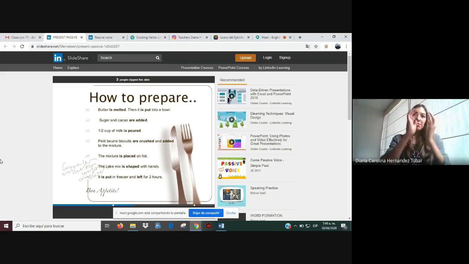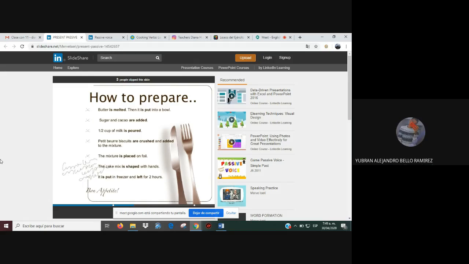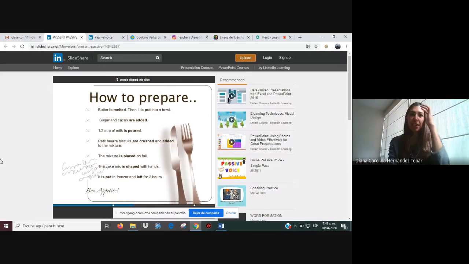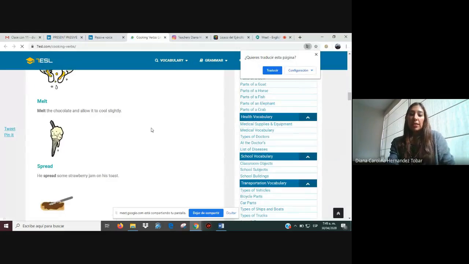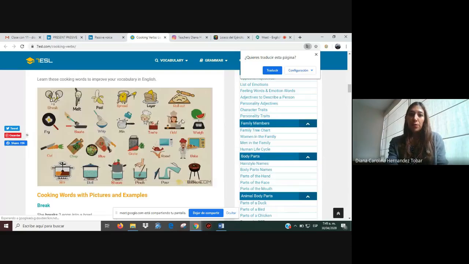So that is to shape. Moldear, ¿sí? Algo así. Exactly. Okay. All right, you're welcome. You are going to have this presentation, and I have here the verbs so that you can have this clearer with some examples of how to use them.